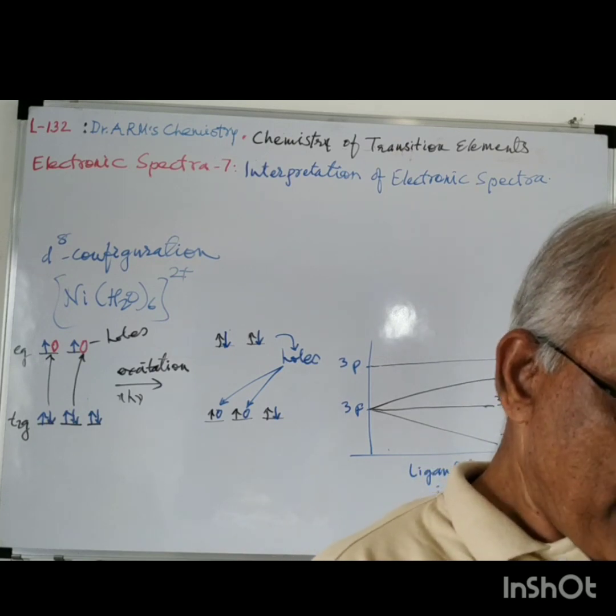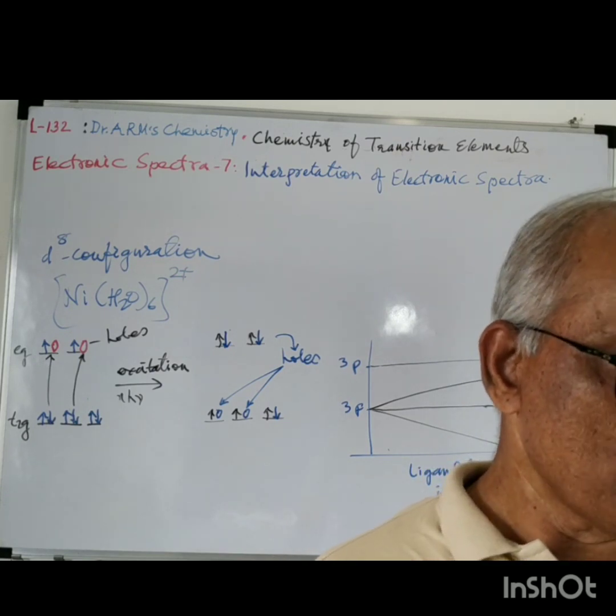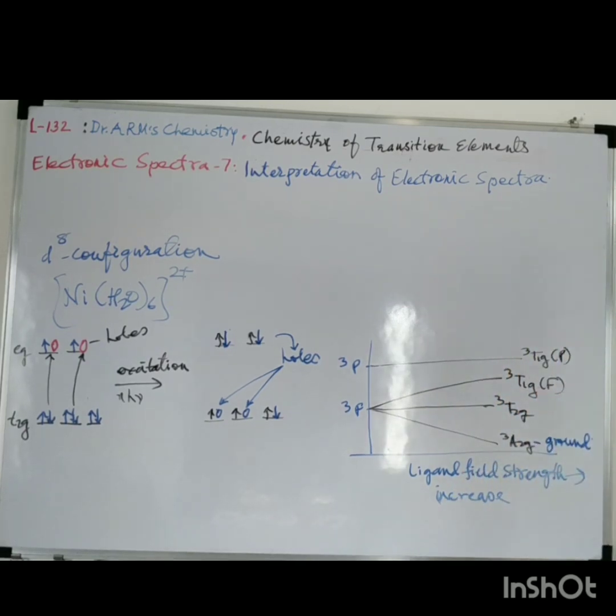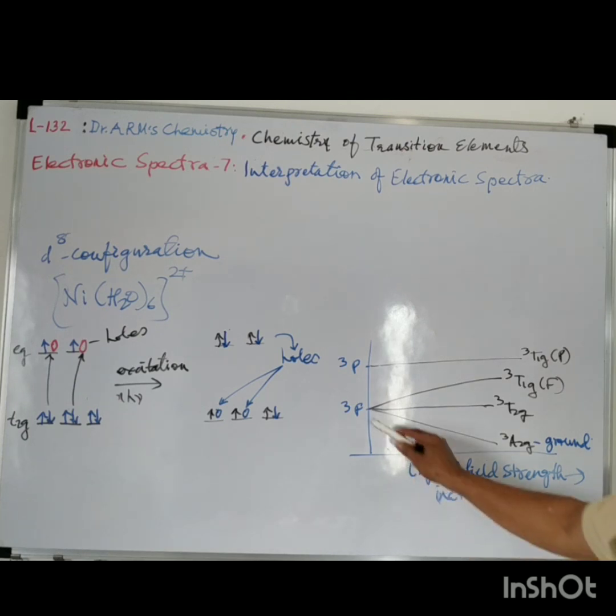Thus the ground state term for Ni2+ is 3A2G, this triply degenerate A2G state. In both D2 and D8 configuration, the ground state is 3F, that is triplet.